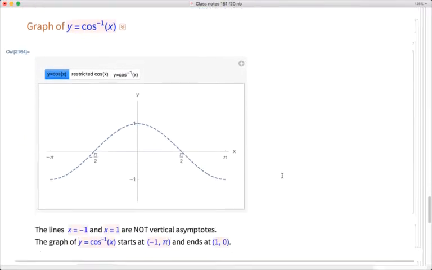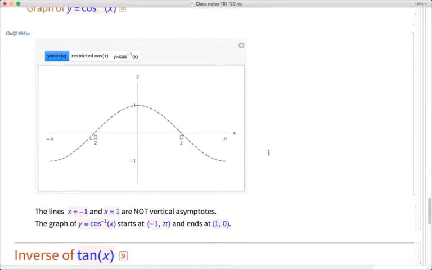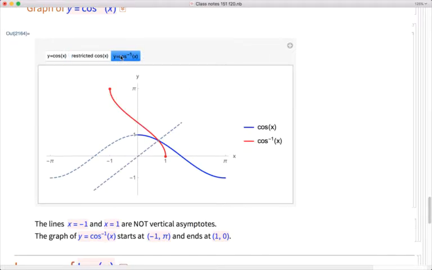Okay, so let's look at the graph then. Again, we'll walk through the 3 steps. Start with the full cosine function, and then pare down the domain to an interval where we're passing the horizontal line test. And then to get the graph of the inverse, now we're going to reflect across the y equal x line. So this will be a little abrupt here, and it looks quite different. So the red graph here is the inverse cosine.